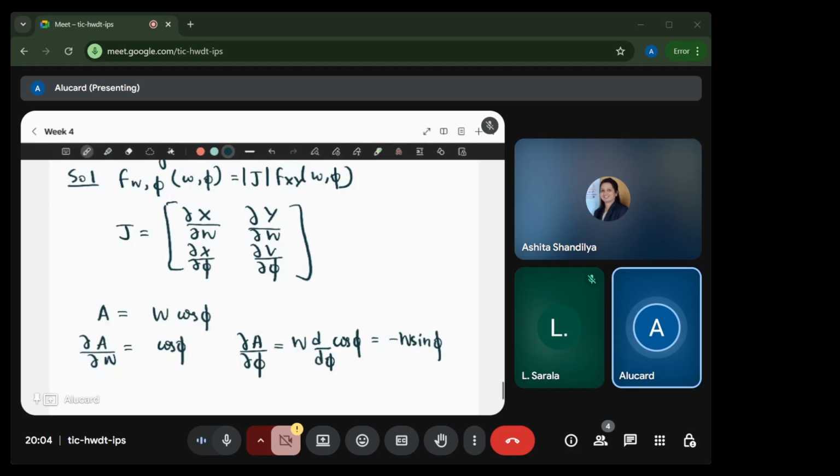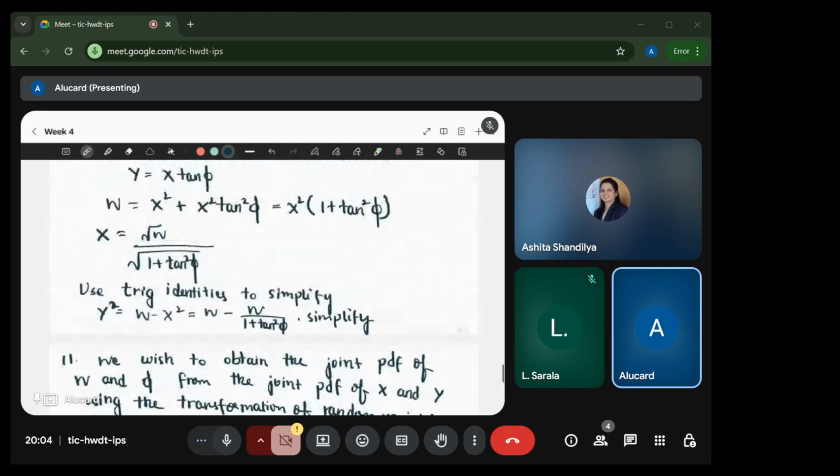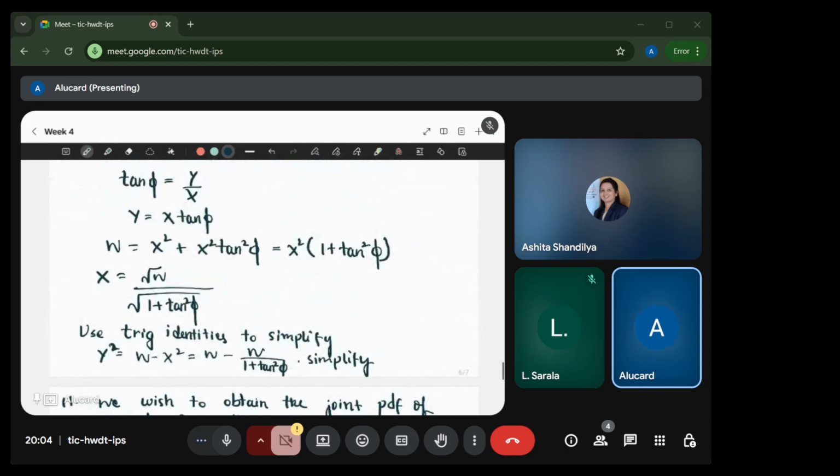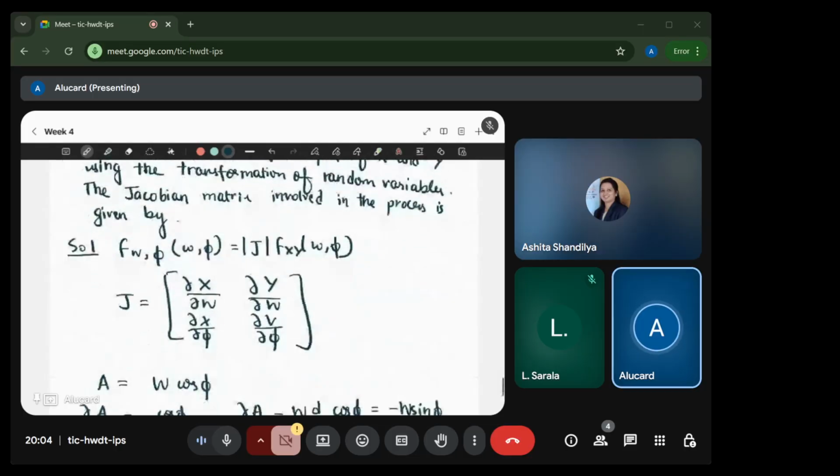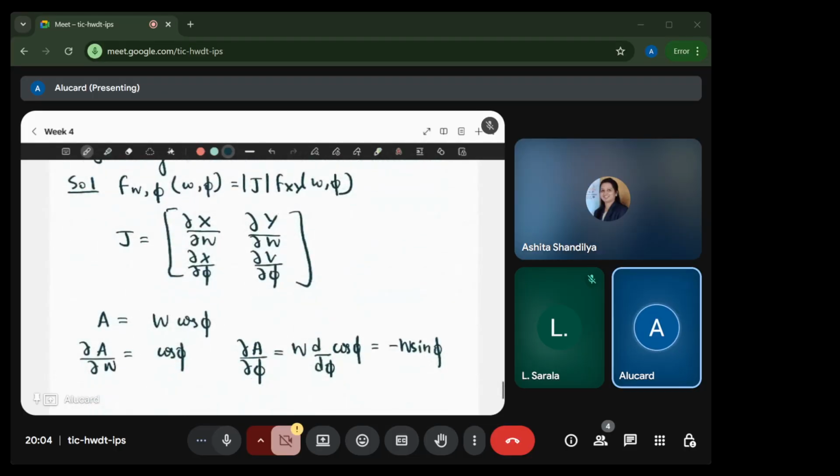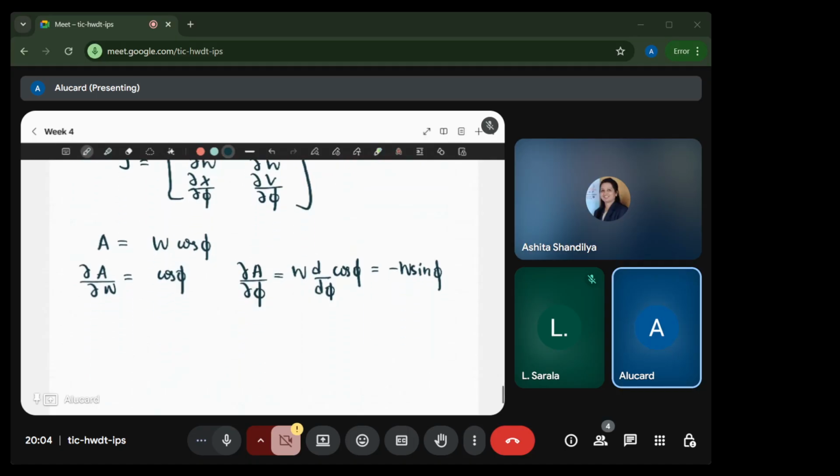Here you have to do the same thing with x and y, and you have to note that in this question, unlike the problem done in class, you have square root of w. So derivative of square root of w is 1 over 2 square root of w. So the Jacobian matrix will be different from the matrix that was there in class.